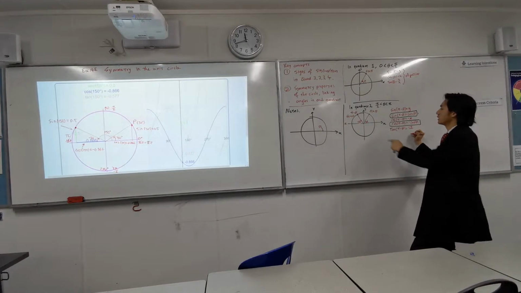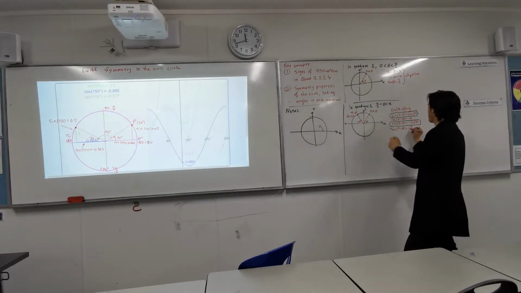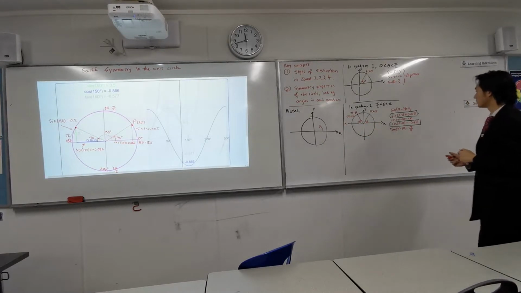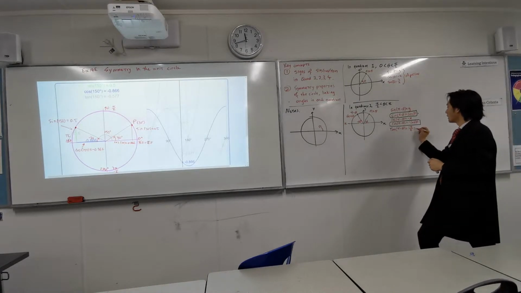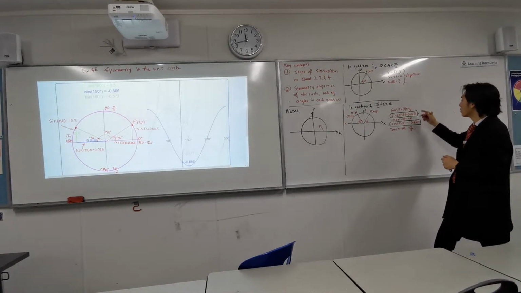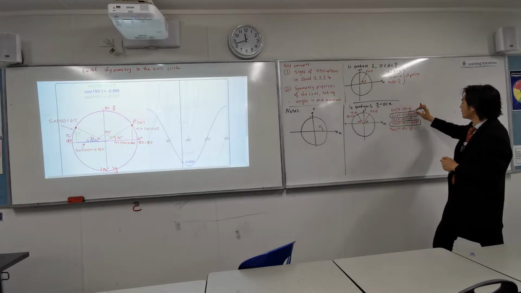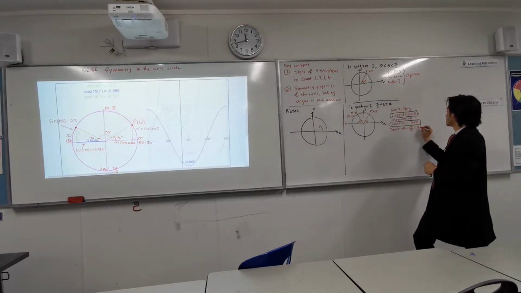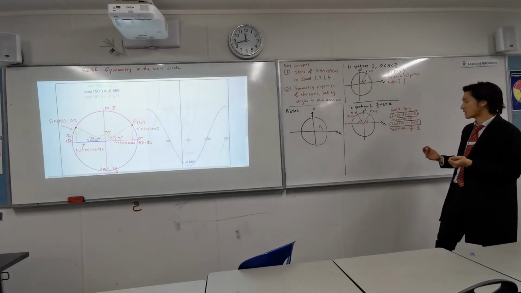Our run would be from here to here, which would be x. Now using the gradient is one way to do it. We can also use the fact that our tangent is sine over cosine. So sine over cosine, which is y over negative x, but they both turn out to be the same thing.